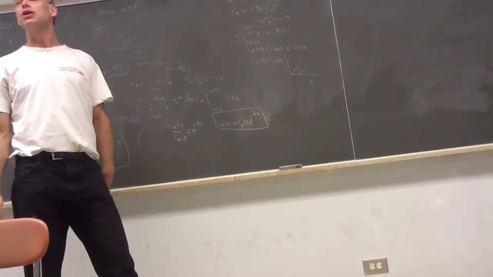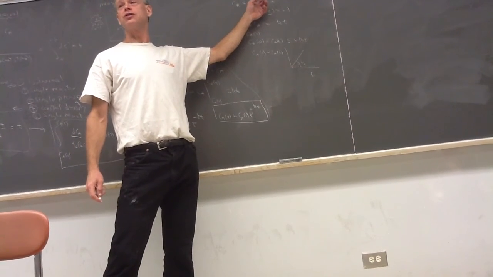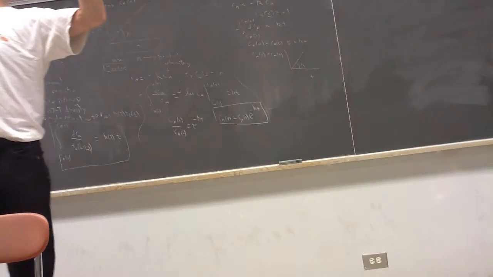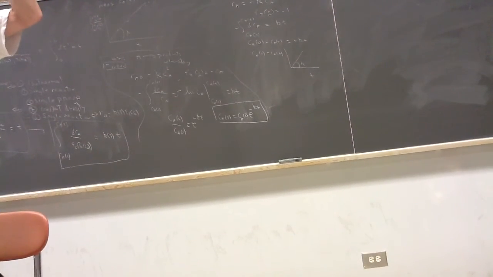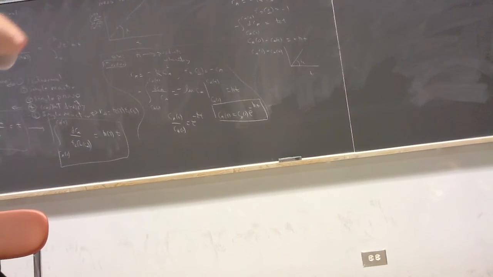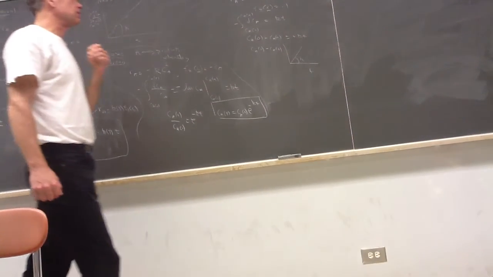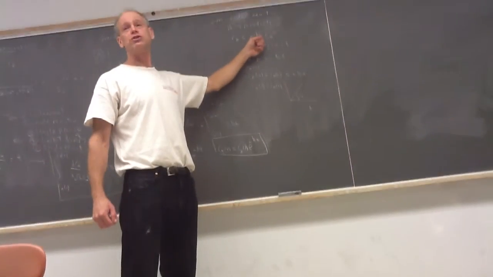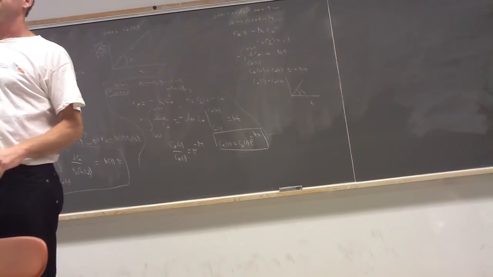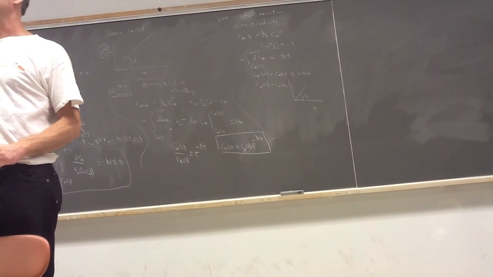Now, I want you to notice something. Is it possible that this rate expression is going to be valid over all concentrations? Tell me why. Volunteer? Is it possible that this rate expression always holds for all values of concentration? Is that reasonable?